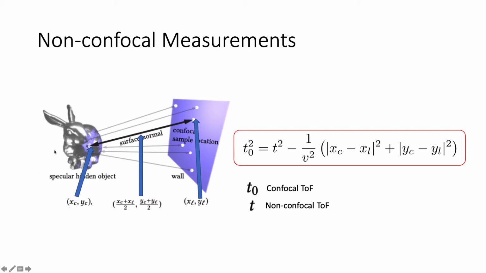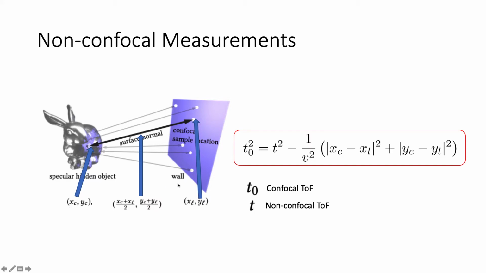Consider the NLOS imaging scenario in which a sensor images a point xc, yc and a pulsed laser illuminates a point xl, yl on a wall located at z equals 0, and the hidden volume contains a single scatter area located at (xc plus xl)/2 and (yc plus yl)/2.